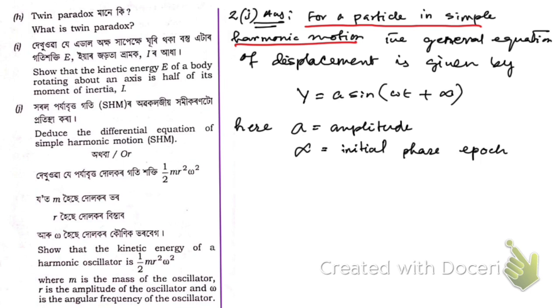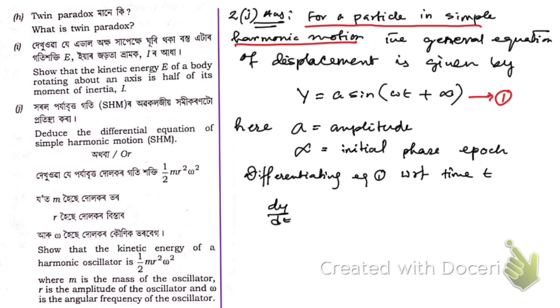And if you differentiate this equation, let me say this is equation number 1, differentiating equation 1 with respect to time t, then you're going to have dy by dt, that gives you the velocity. Amplitude is constant, that's going to be outside the derivative, and d/dx of sine x is cos x, right?